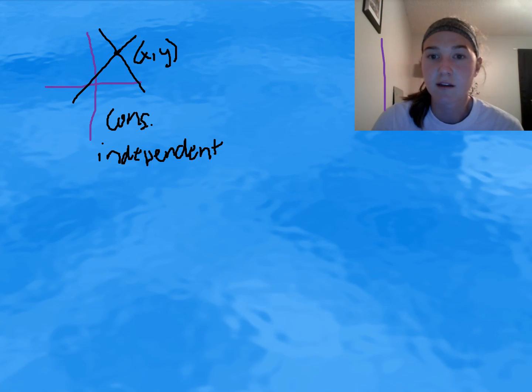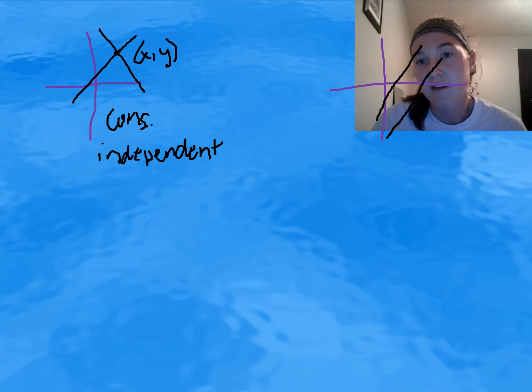And if we have a system of equations and the lines have the same slope, in other words, they're parallel, then we get no solution, and that makes the system inconsistent.